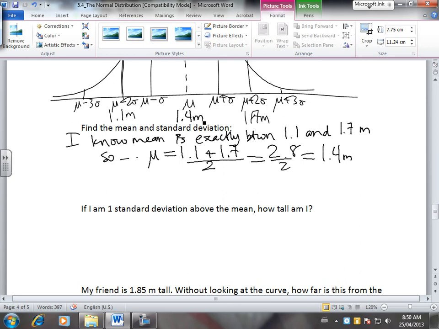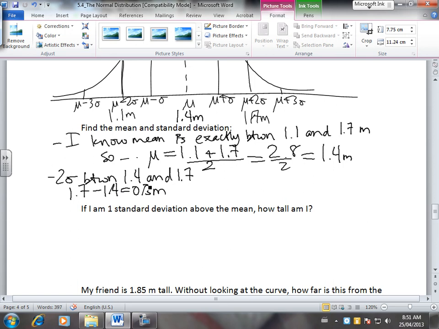If I look at getting from 1.4 to 1.7, there are 2 standard deviations. So there's 2 sigmas between 1.4 and 1.7. 1.7 minus 1.4 equals 0.3 meters.